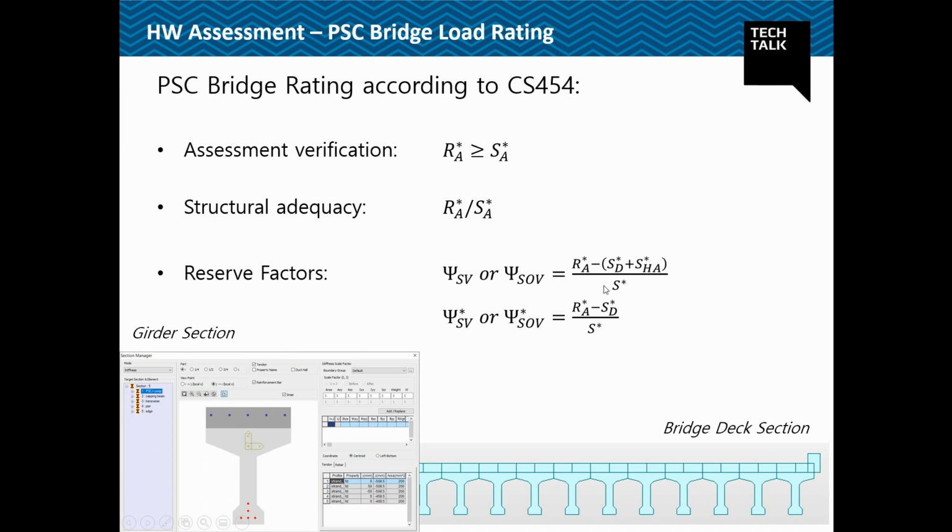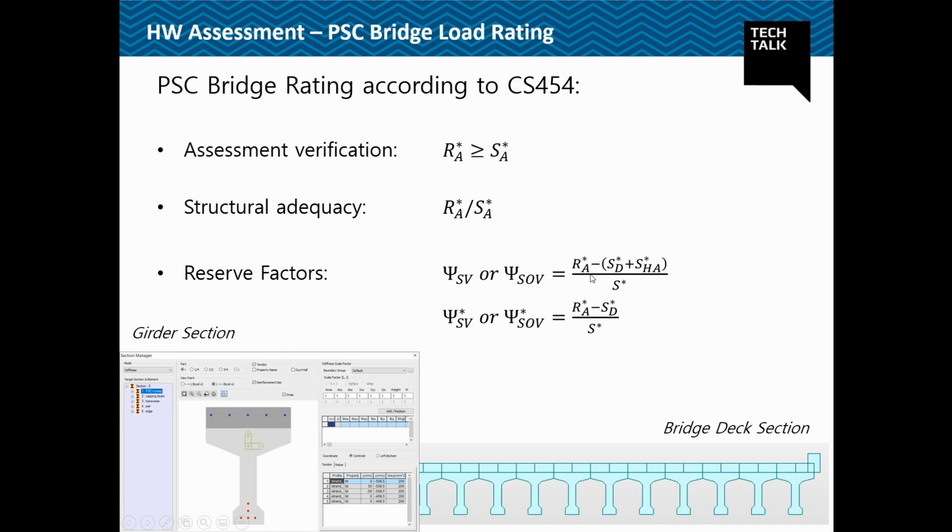Or if that reserve factor comes out to be critical, we could look into a reserve factor without associated standard load, which could be implemented if necessary with additional traffic management measures. The difference of these reserve factors, however, as I mentioned, against the structural adequacy, is that the effect from the special vehicle is put against the available resistance.